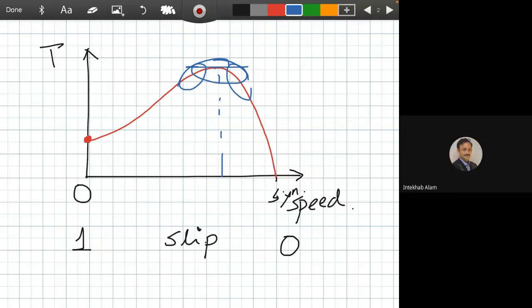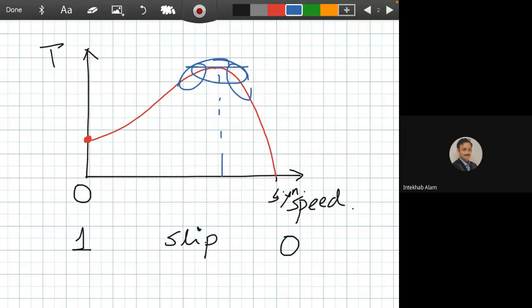If we just count those advantages of the induction motor, the only demerit that remains is that its starting torque is low. If we want to increase the starting torque, we have some tools in our hands.